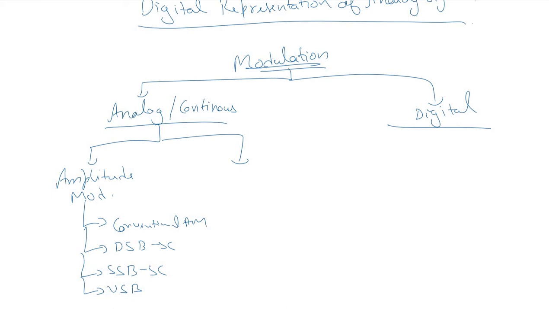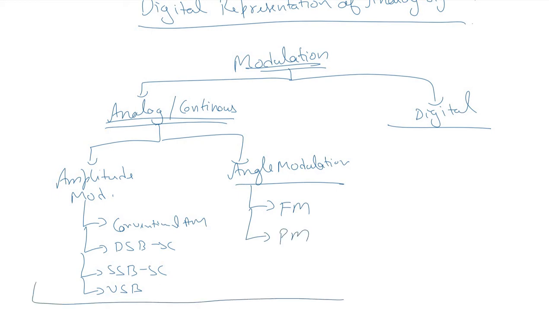And further, the second type of analog or continuous type of modulation is your angle modulation. And different types of angle modulations include your frequency modulation, phase modulation. Okay, so these are all the different types of the analog or the continuous modulation that we have already studied.